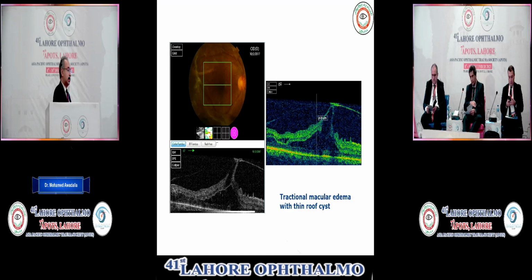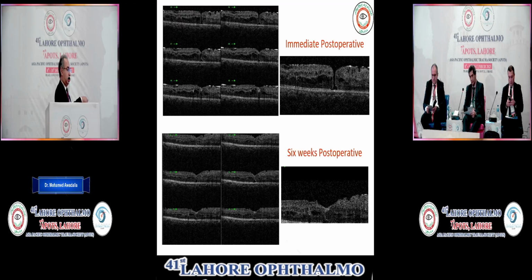This is a cyst, very thin roof, and after surgery, we get this micro hole or very small hole, as expected because of de-roofing during surgery. Those holes tend to close spontaneously. We waited for 6 weeks, and as you can see here, the hole closes without any further intervention.